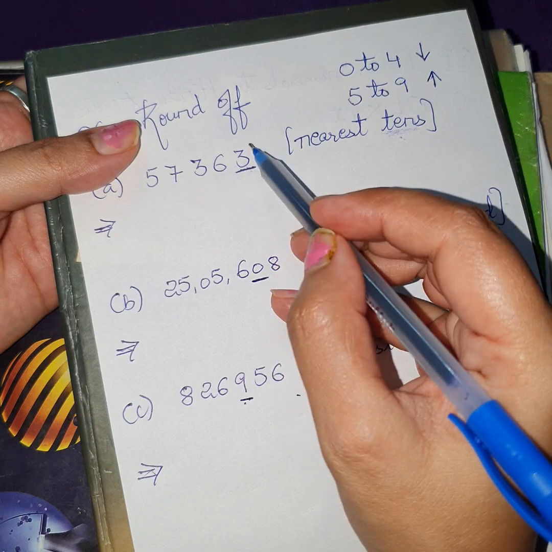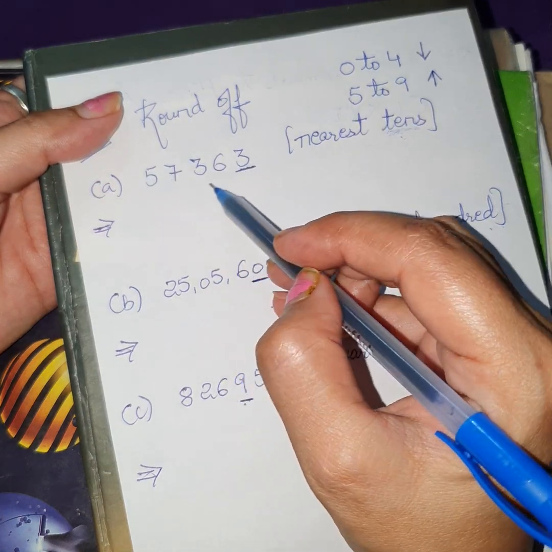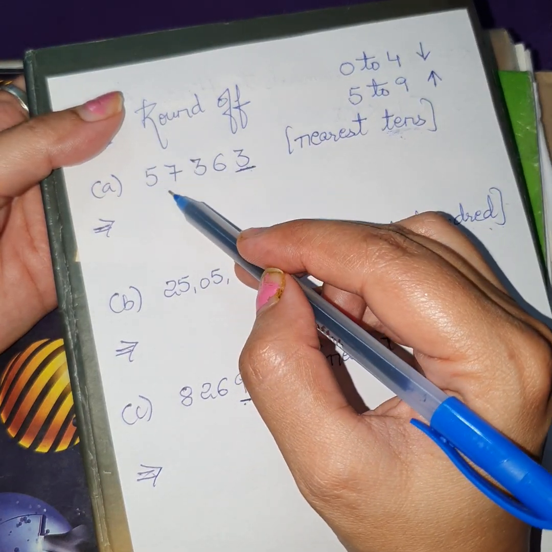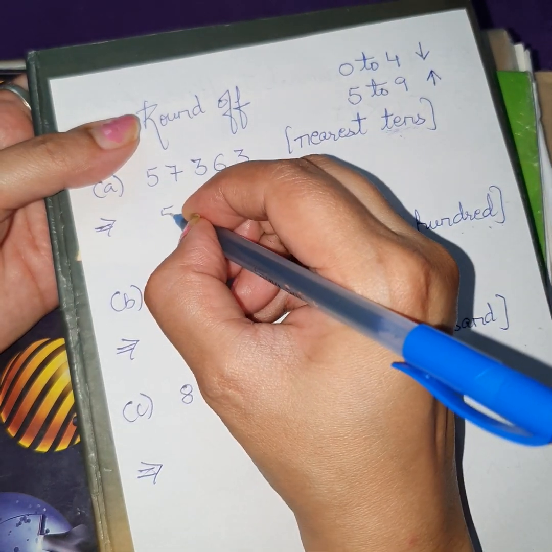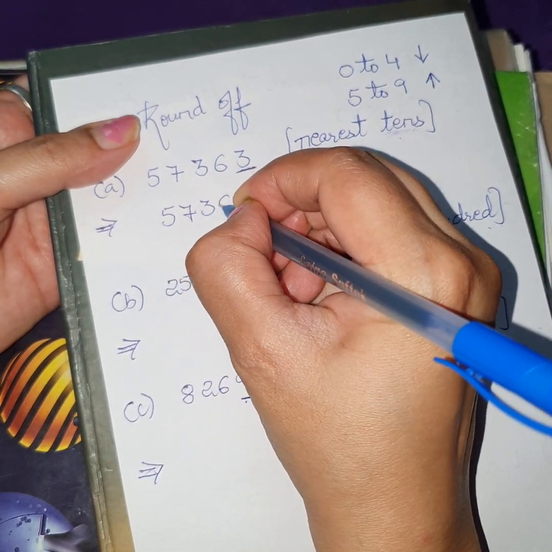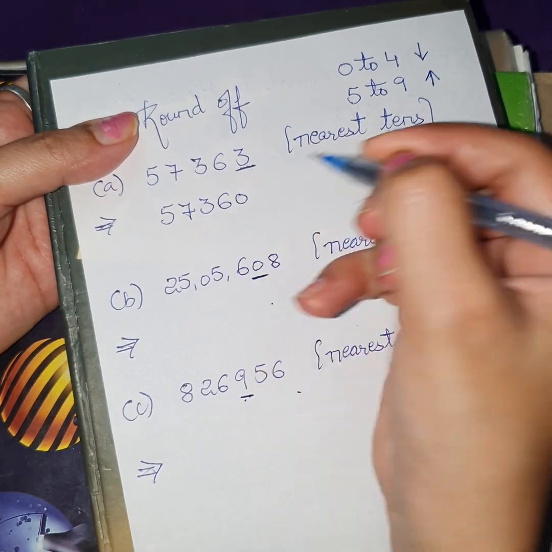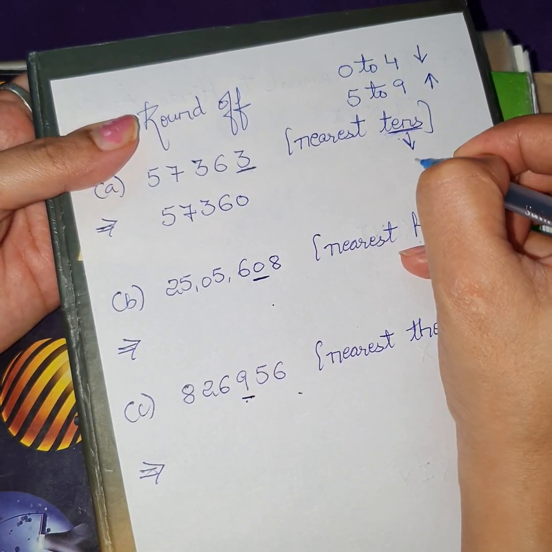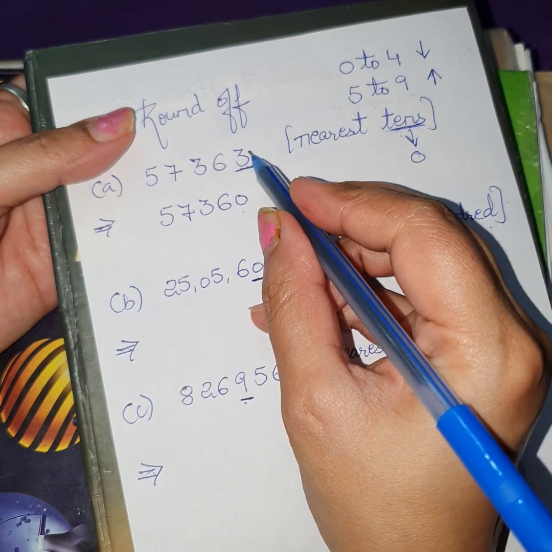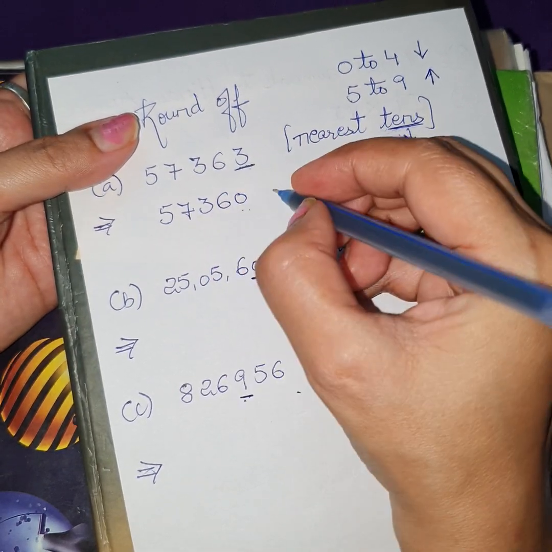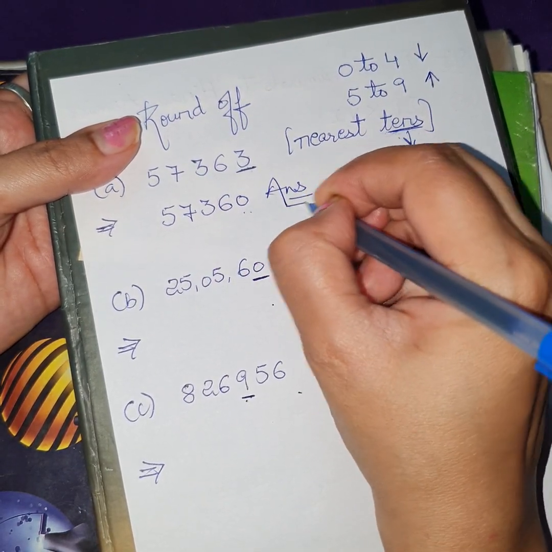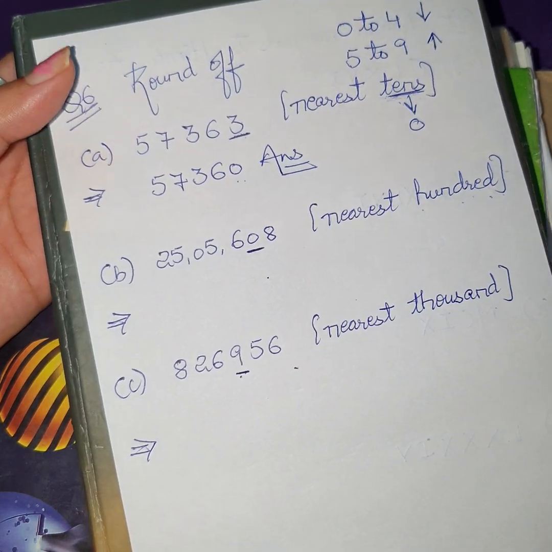In the case of round down, the numbers before the underlined digit remain the same. So 5, 7, 3, 6 will remain same. Instead of this 3, 0 will come, because in tens 10 comes. So at the last, in place of the underlined digit, 0 will come. So like this you will round off the given number to nearest tens.